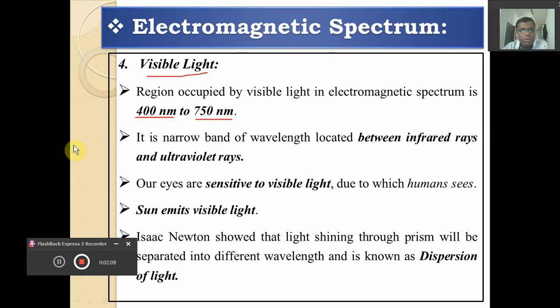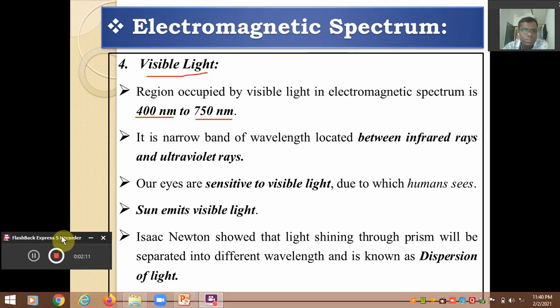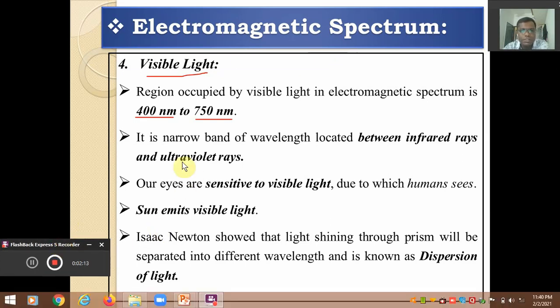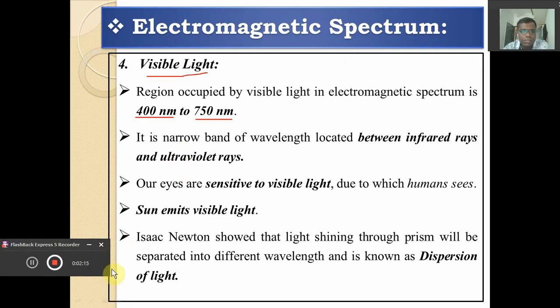If you look at this visible light, you will see that it is a narrow band of wavelength present between infrared radiations and ultraviolet radiation in the electromagnetic spectrum.